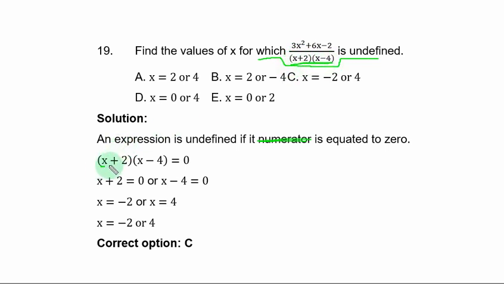That is S plus 2, S minus 4 equal to 0. You equate each term to 0 in this form. And when you solve, S is equal to minus 2, or S is equal to 4. Therefore, S is equal to minus 2 or 4. The correct option is C.